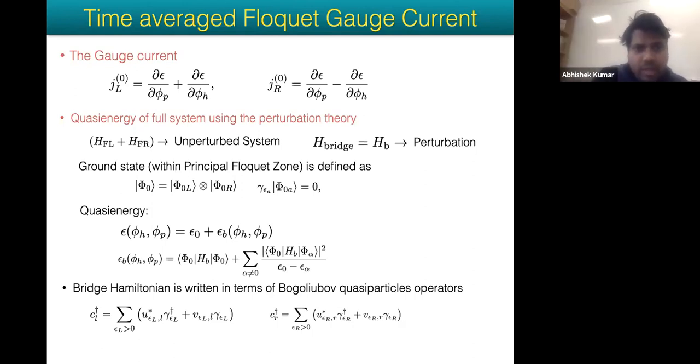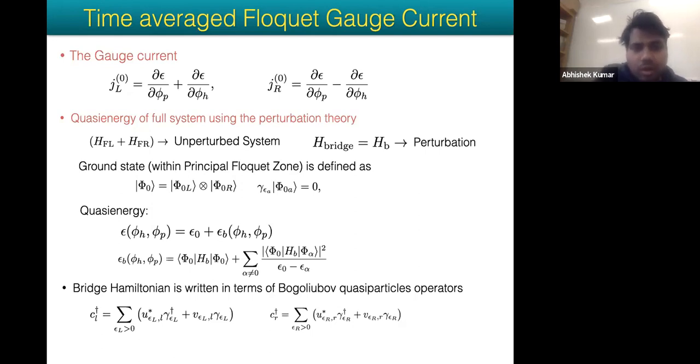So in that respect, we get the phi naught corresponding to the unperturbed system, and the quasi energy we can write as the sum of unperturbed and perturbative energy. The perturbative term up to second order is written here.